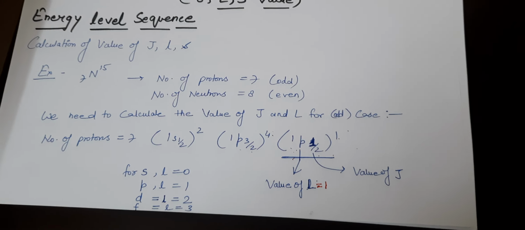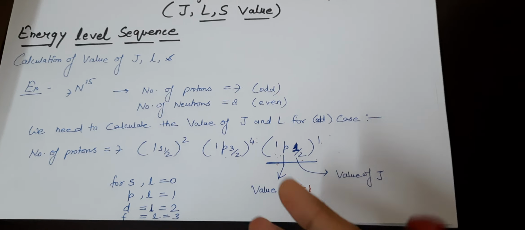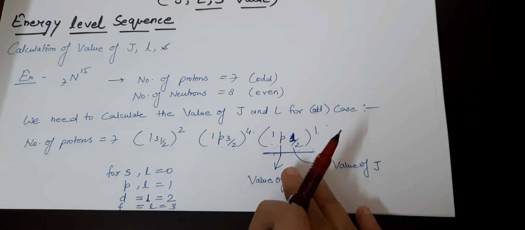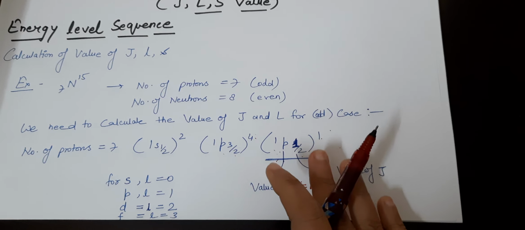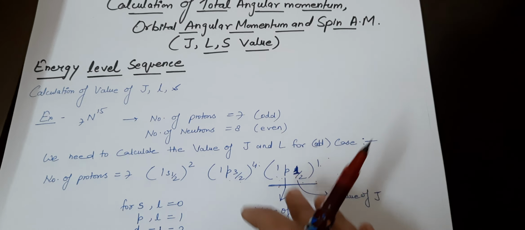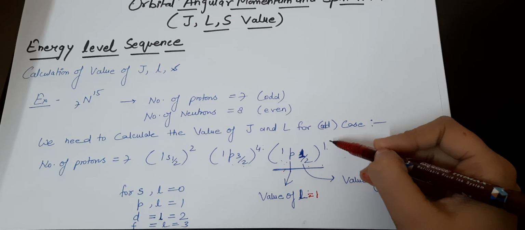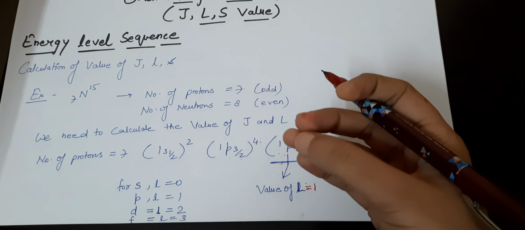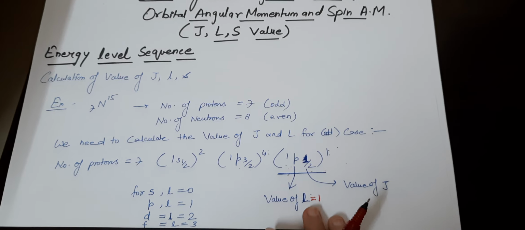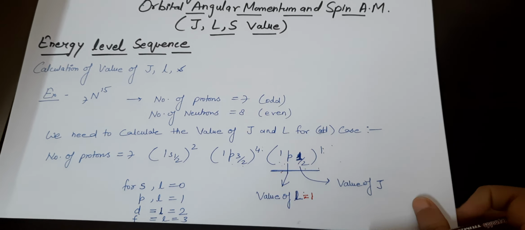So what you need to do is, first of all, start filling your subshells with the number of protons or neutrons, whichever is odd, and after that the outermost subshell will give you the value of J and L. In this way you get to know about the value of J, L and S as well. You can also calculate the value of S by this one. This one is representing the value of S. So I think you will get to know how you can calculate the value of J and L.